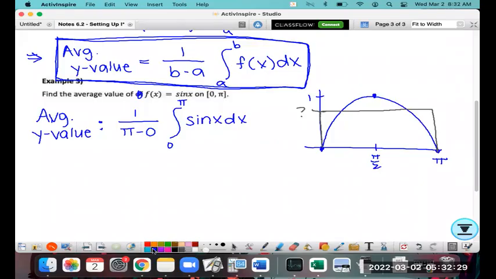And I think I'm actually going to do this one by hand for once. So that'll be 1 over pi times the antiderivative, which is negative cosine. Yeah, if I take the derivative of negative cosine, I get positive sine, from 0 to pi.